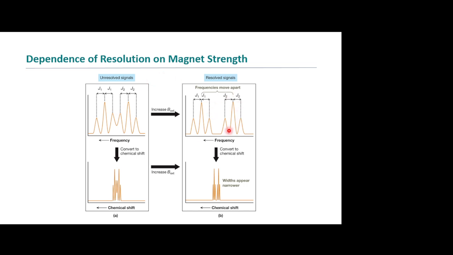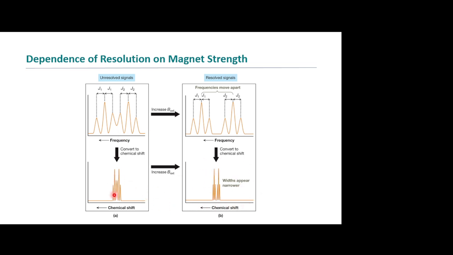And so what we see is we resolve them between here. These frequencies actually will move apart, and that's because you're getting a larger amount of space for your chemical shift. And so again, this would be your frequencies. These would be your chemical shifts.